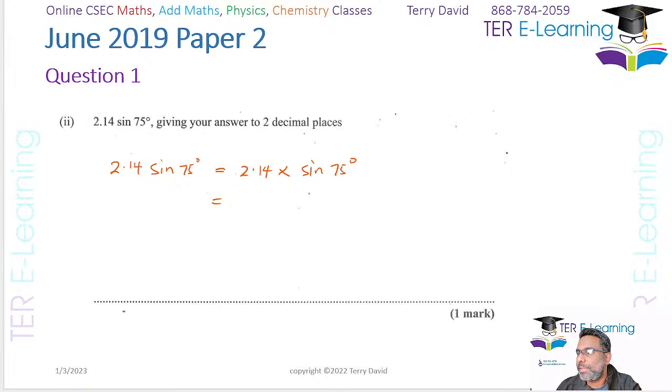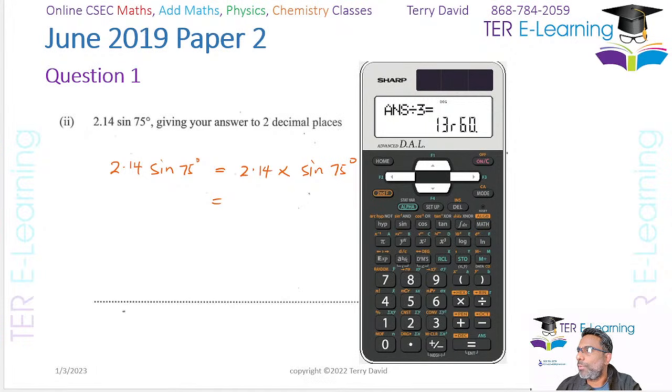So let's pull the calculator again. I'm going to press 2.14 multiplied by sine 75 degrees, and I'm going to get 2.067.